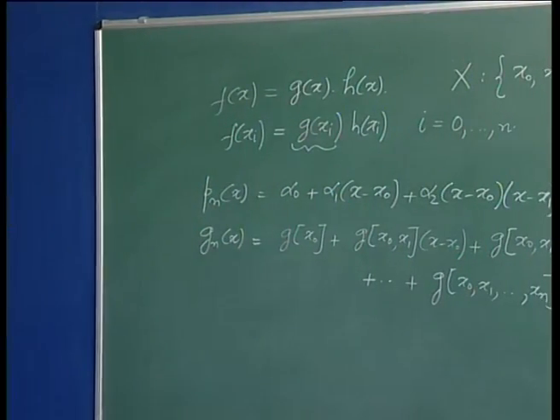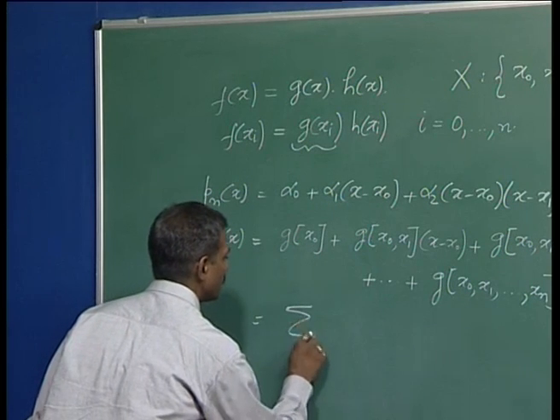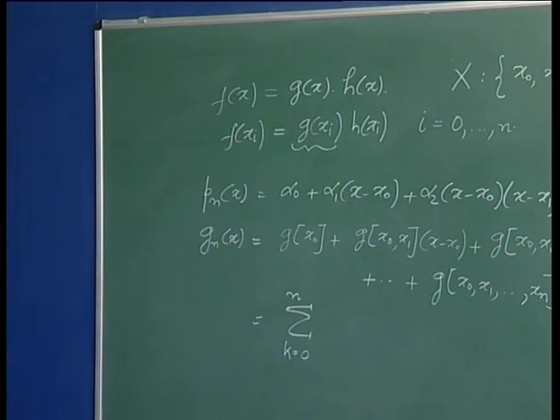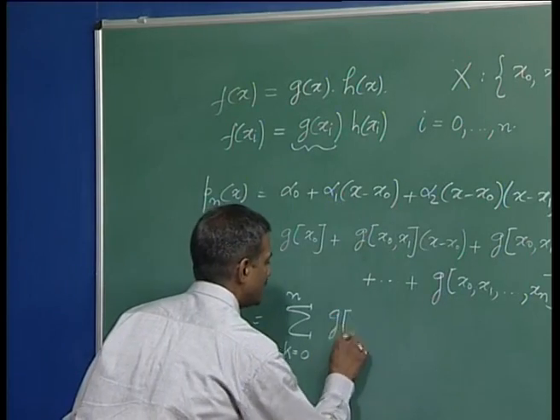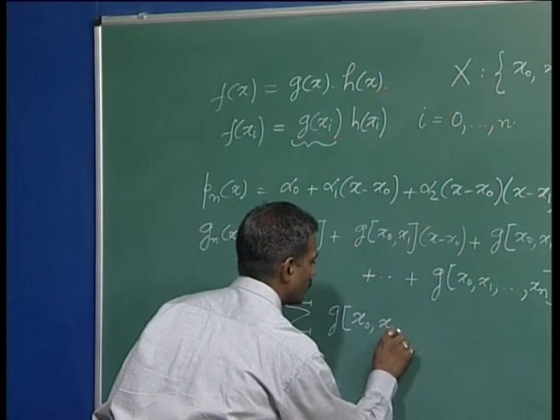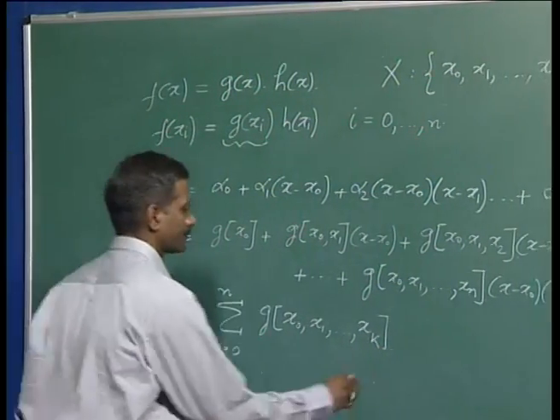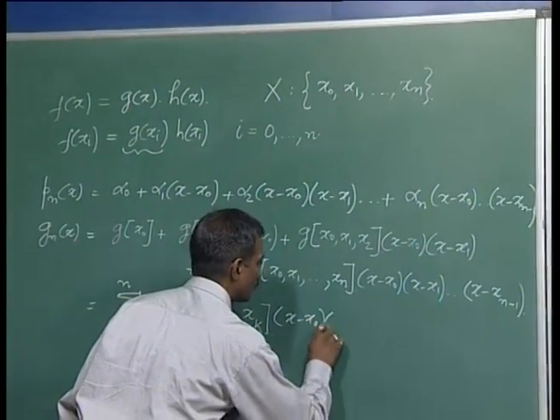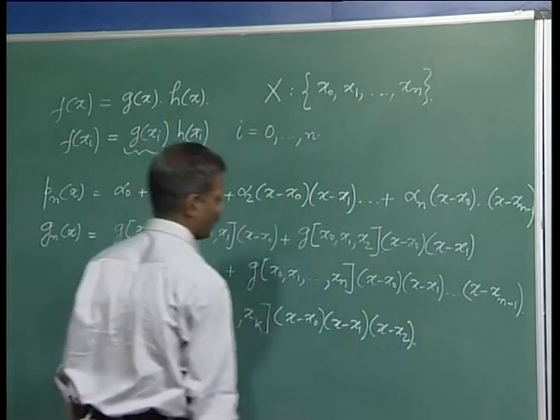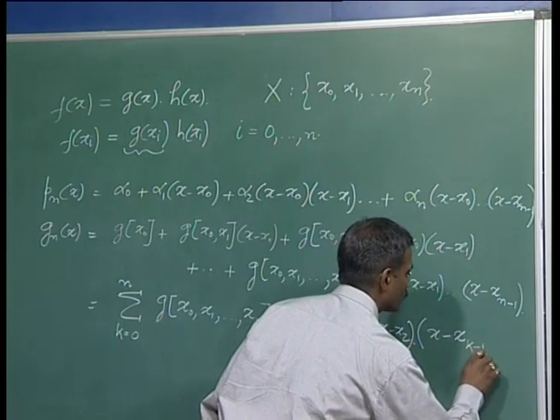In short, I would be able to write the expression for g_n(x) as summation index k going from 0 to n, g[x0, x1, up till xk] times (x minus x0)(x minus x1)(x minus x2), and the last term will be (x minus x_{k-1}).